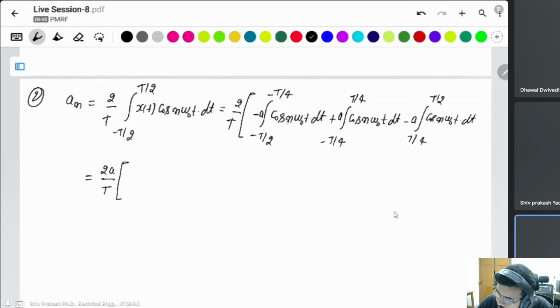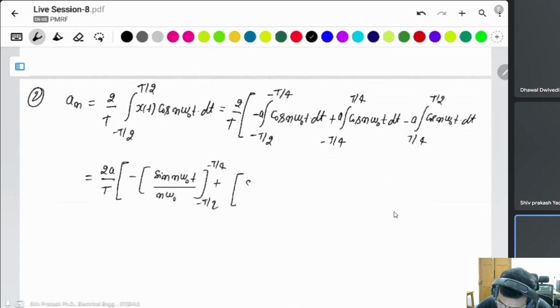The integration of cosine signal is the sinusoidal signal, sin n omega naught t divided by n omega naught, and the limit is minus of T by 4 to T by 2, plus the same thing, sin of n omega naught t divided by n omega naught.